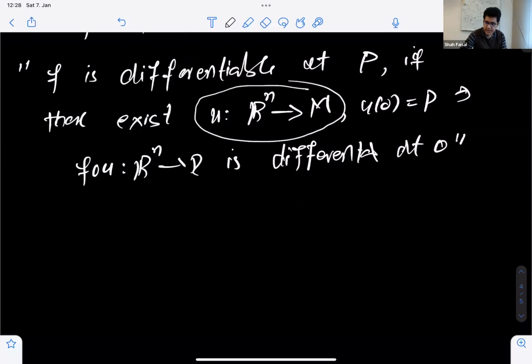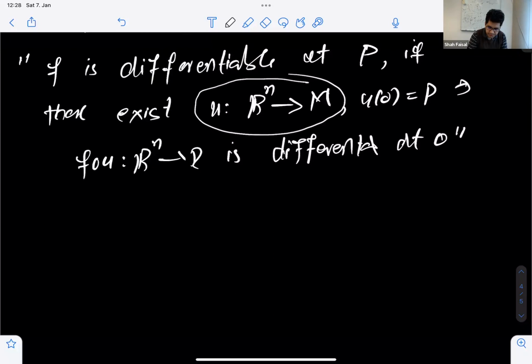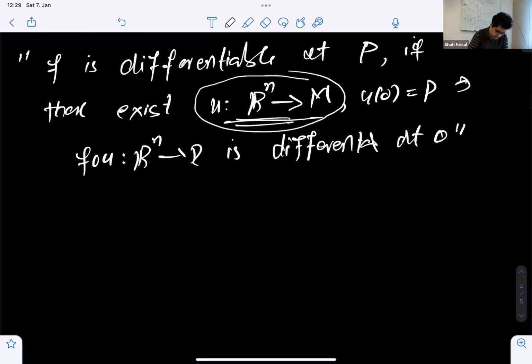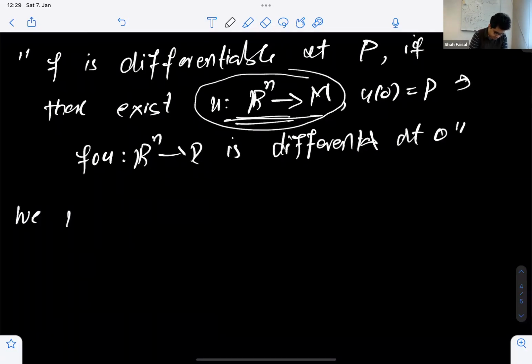So the differentiability I define, first of all, should not depend upon the choice I made. I mean, if I choose one function and you choose another function, then if the function is differentiable with respect to my function u, then it should be differentiable with respect to your function, which would be, let's say, w. So we want the following.